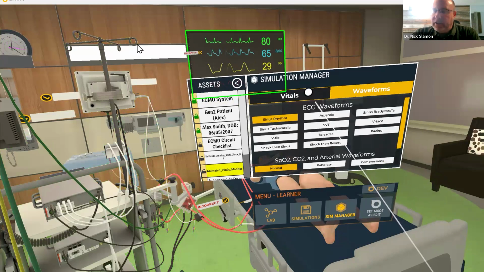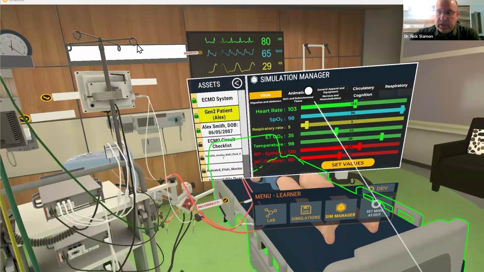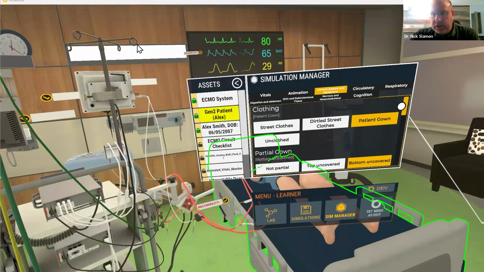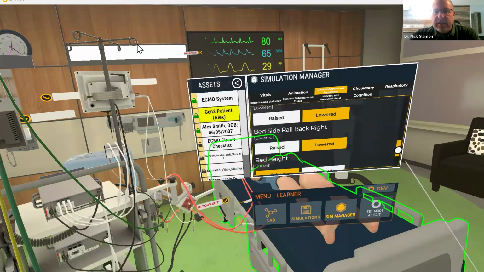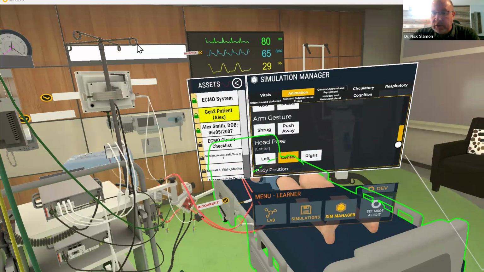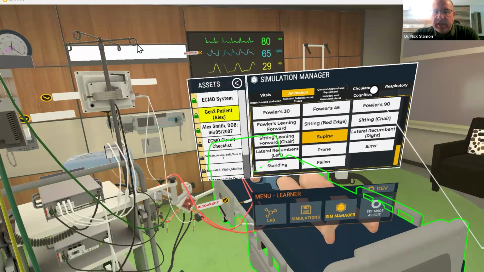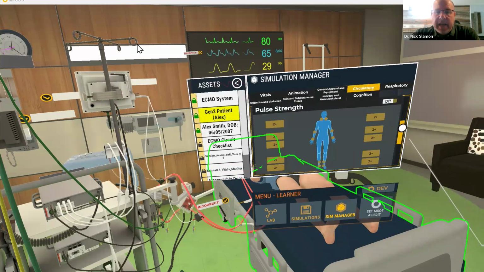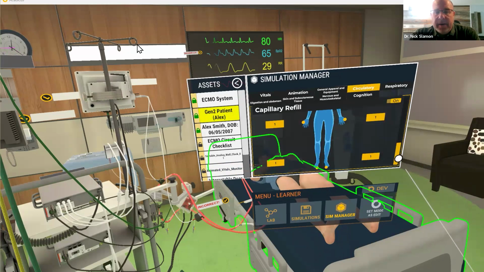So the sim manager has control of all of this and is the upfront person being able to do it, but everybody else is reacting in real time to what they see. The patient becomes pale, the hemoglobin is dropped, the heart rate increases, the blood pressure falls, the rhythm changes. These are all things that were built previously in the generation 2 patients that we took advantage of by using the infant mannequin and the teen mannequin.